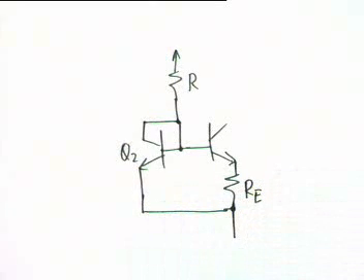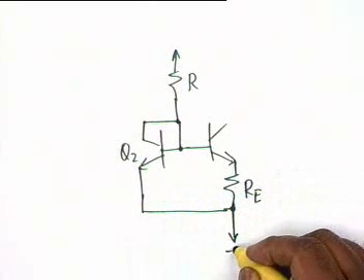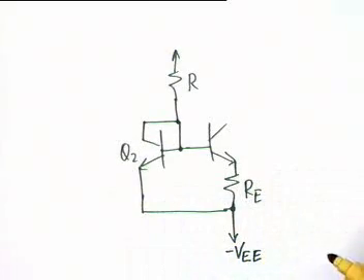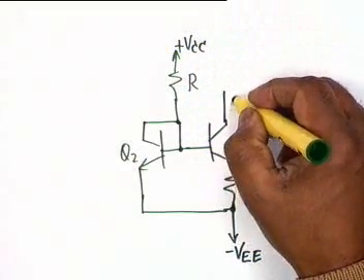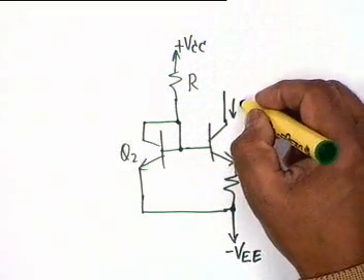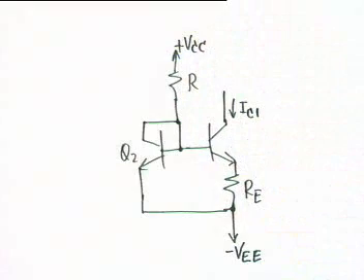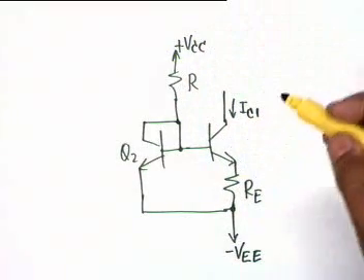In the actual circuit of the differential amplifier, this is to go to minus VEE, and this is to go to plus VCC, and this is the current that I want. We call this I sub C1. In the differential amplifier it would be I sub EE.